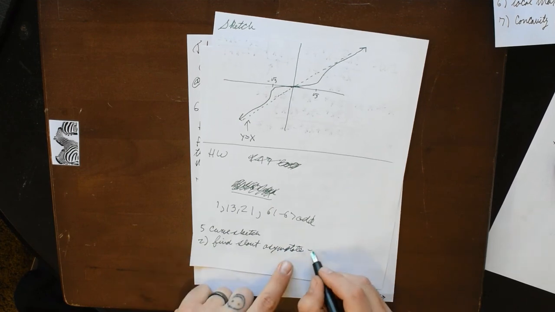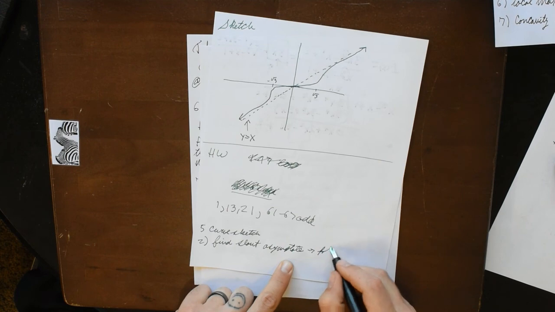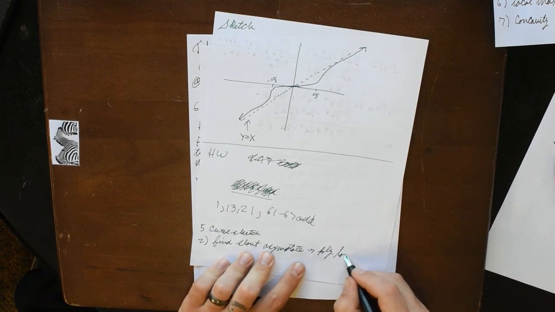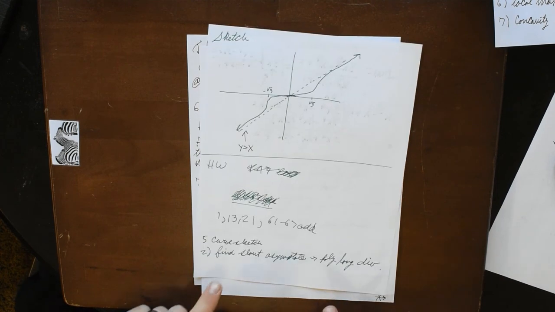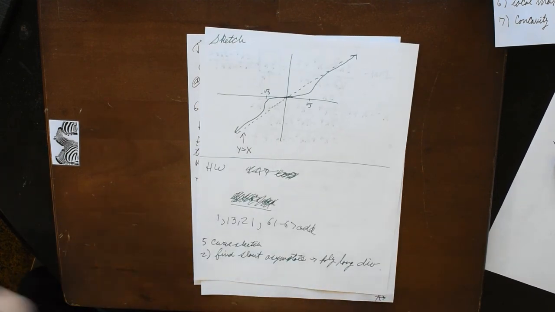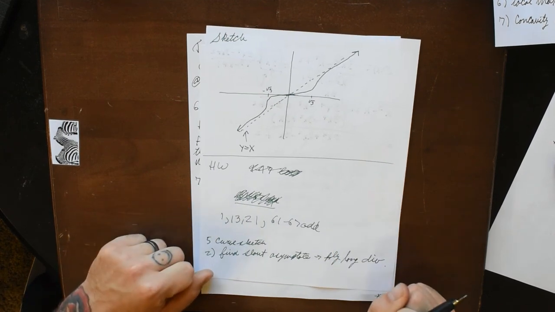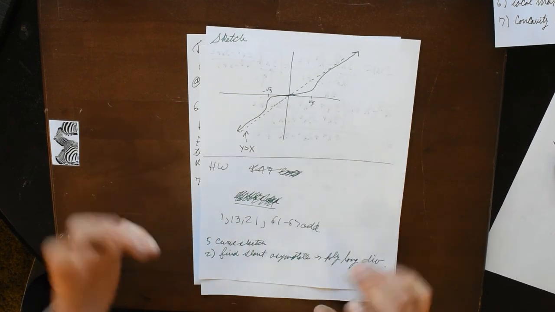For slant asymptote, you use polynomial long division. All this will be due on Friday. I want to look at a calendar before I tell you what day Friday is, but this assignment will be due on Friday. This was 4.5.